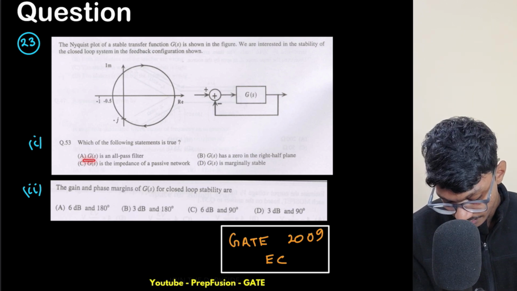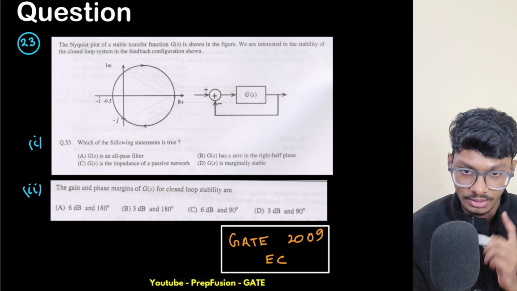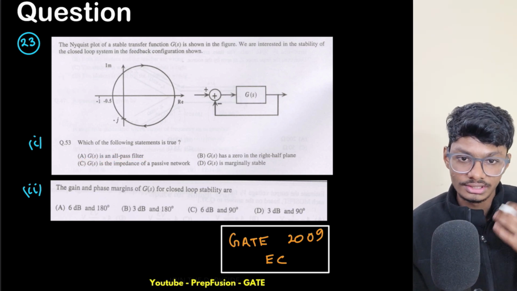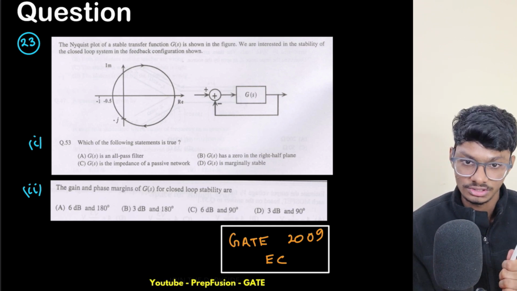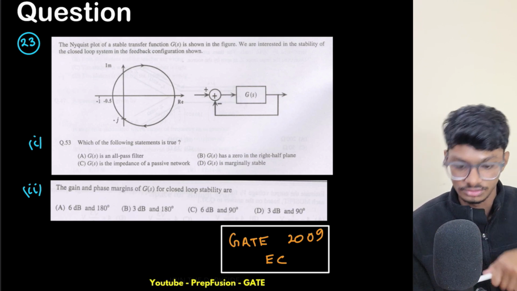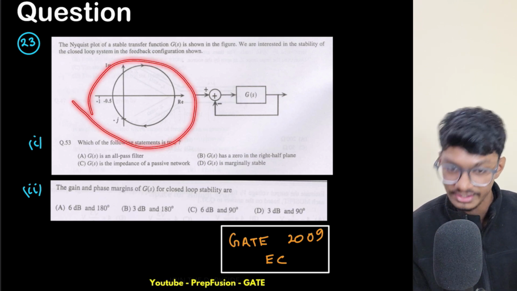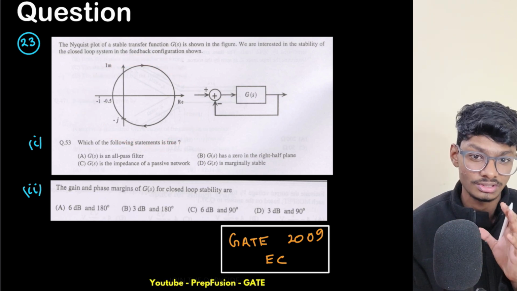This is telling us G of s is an all pass filter. So if G of s is an all pass filter, you will study in analog circuits that for an all pass filter the magnitude response is constant and the phase response rotates a whole circle. It is correct that phase is rotating a whole circle, but the magnitude should remain constant. Is the magnitude here constant?